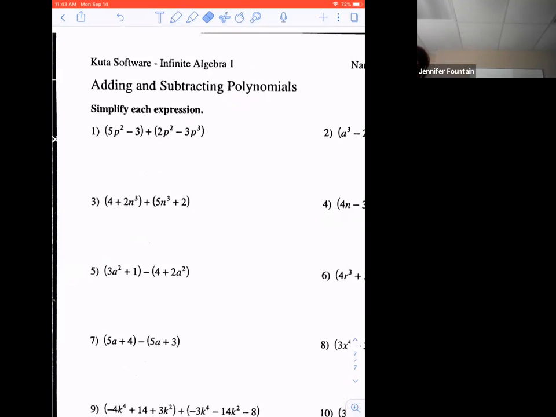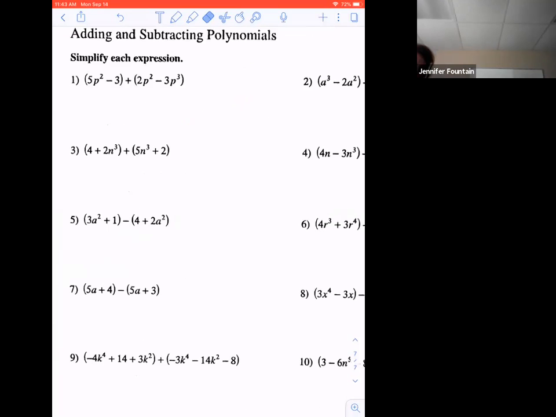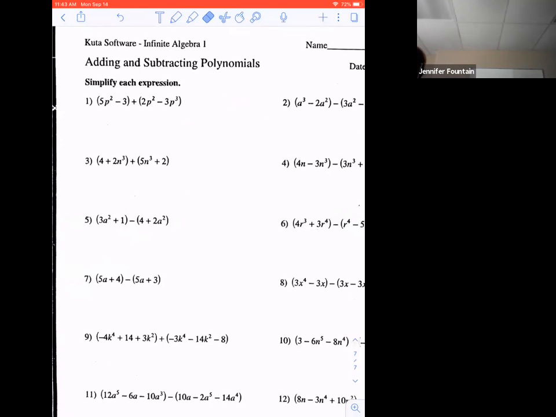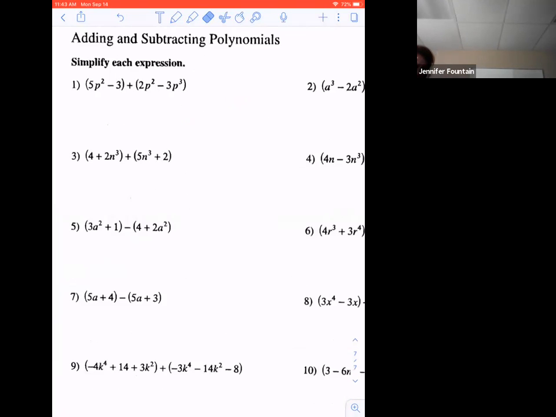Actually, on these, we don't have to worry about writing them vertically when we're just doing two terms. But when you're doing a trinomial, we do want to go ahead and line them up.